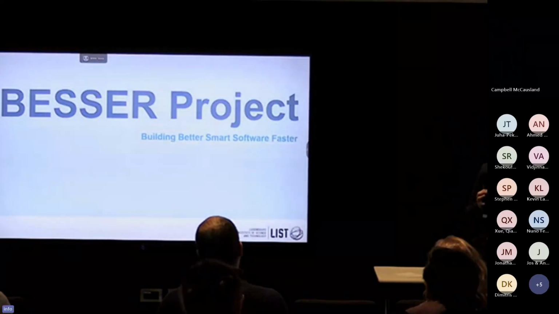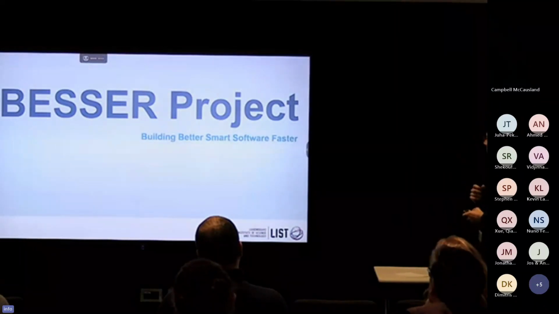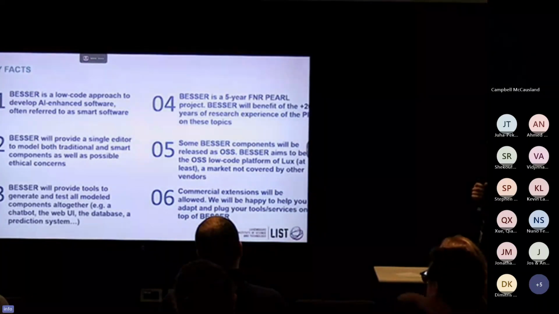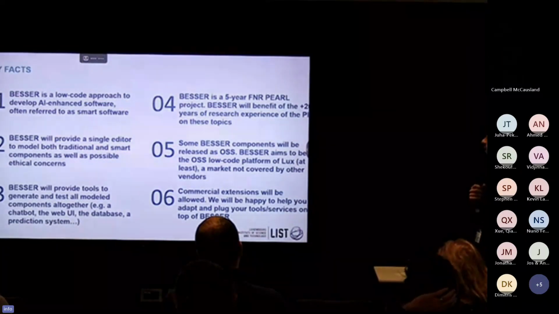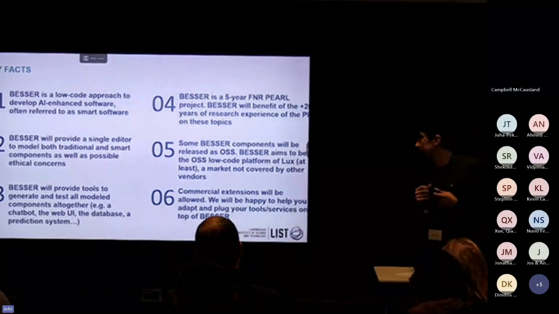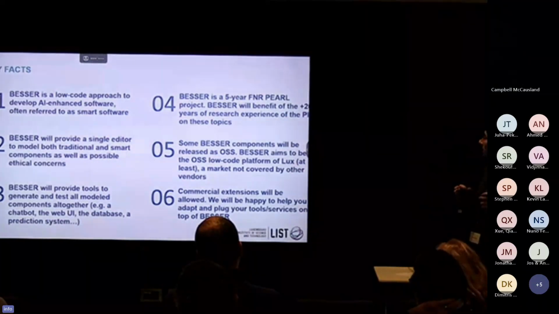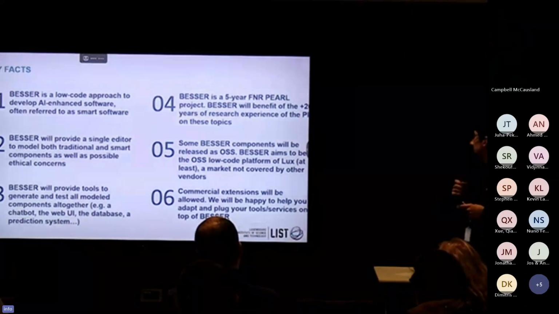So this is one of the main objectives of the BESSER project: building better smart software faster. Basically, BESSER is a low-code approach and low modeling also to develop smart software. We want to provide a single editor to model both the traditional components and the smart or AI components.